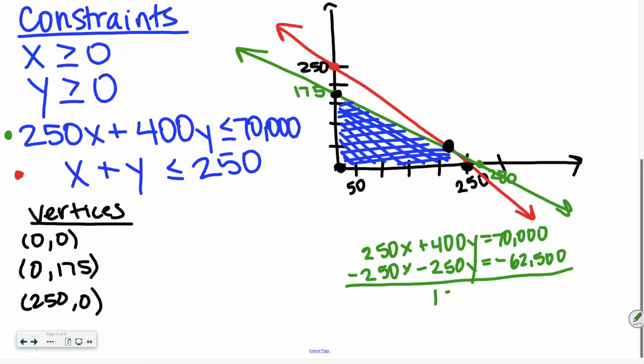We get 150y equals 7,500 or something. So what does that make y?